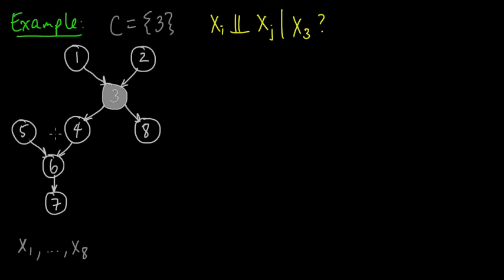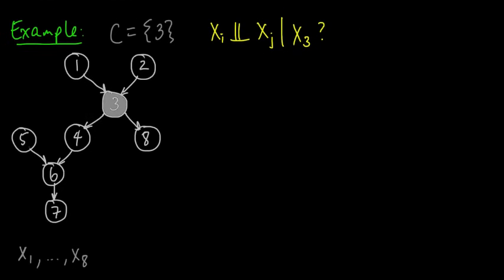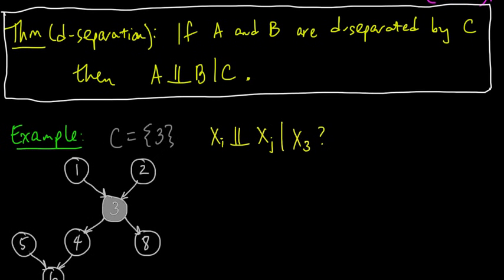So let's remind ourselves what the D-separation theorem says. D-separation says, if A and B are D-separated by C, then they are conditionally independent given C. So here, if we had two vertices, like let's take 1 and 4, so if i is 1 and j is 4, let's make a little table here.